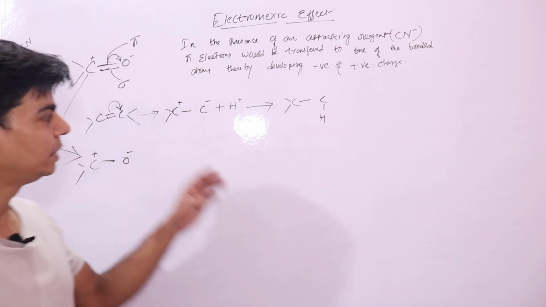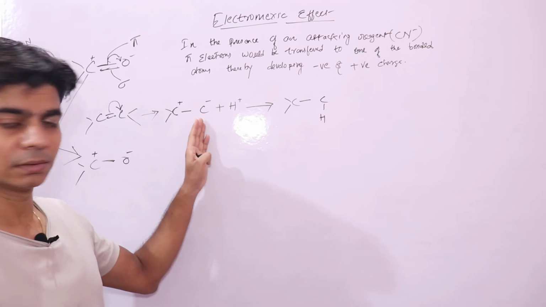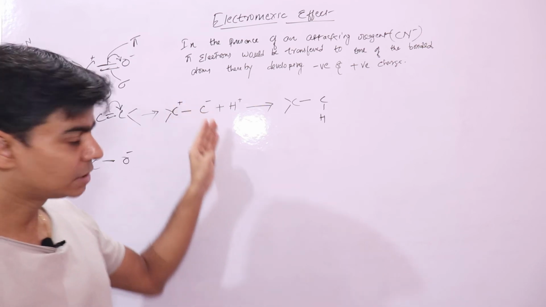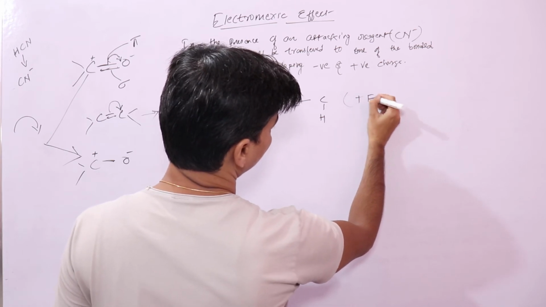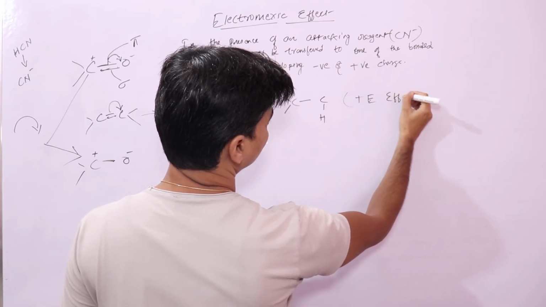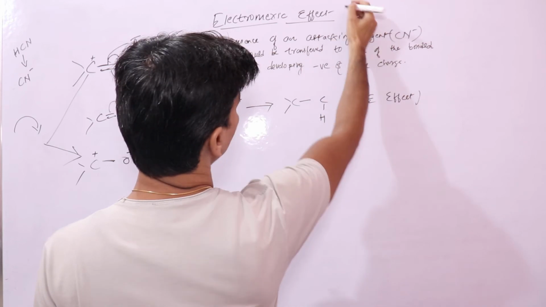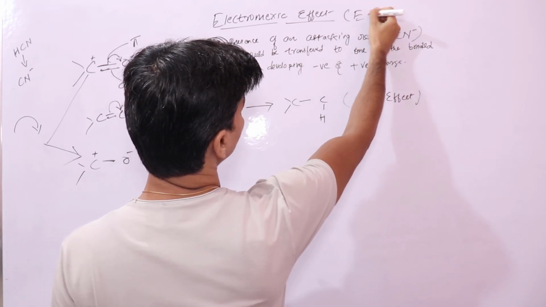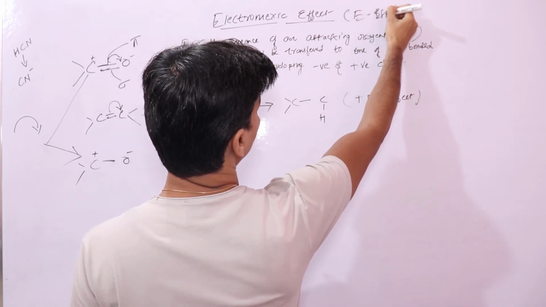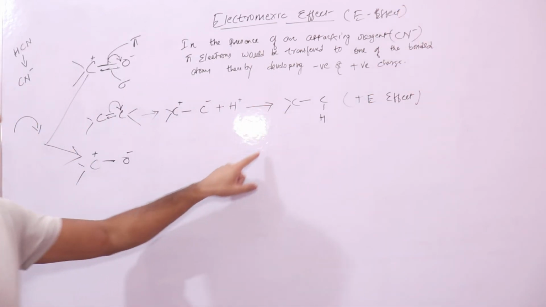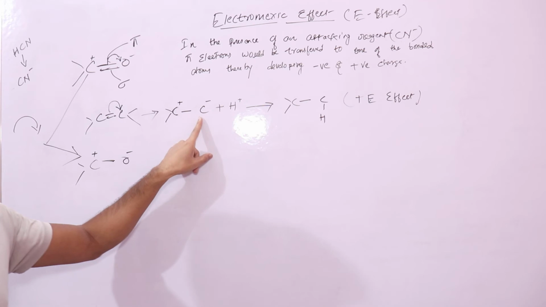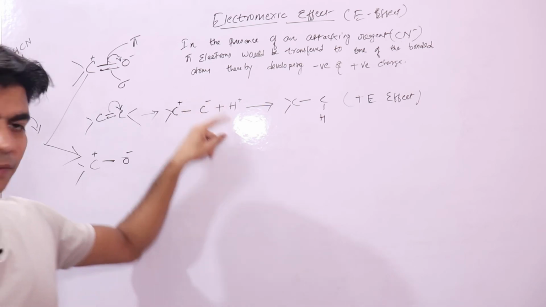So when a reagent attacks the atom that has received the pi electrons, it's a plus E effect, right? The electromeric effect we also call the E effect. So it's a plus E effect if the reagent gets attached to the atom that has received the pi electrons.